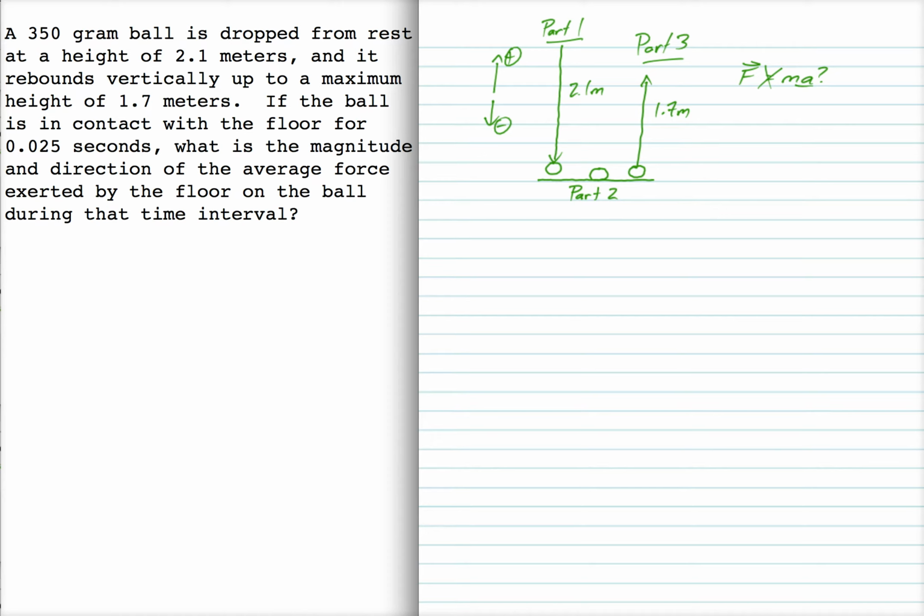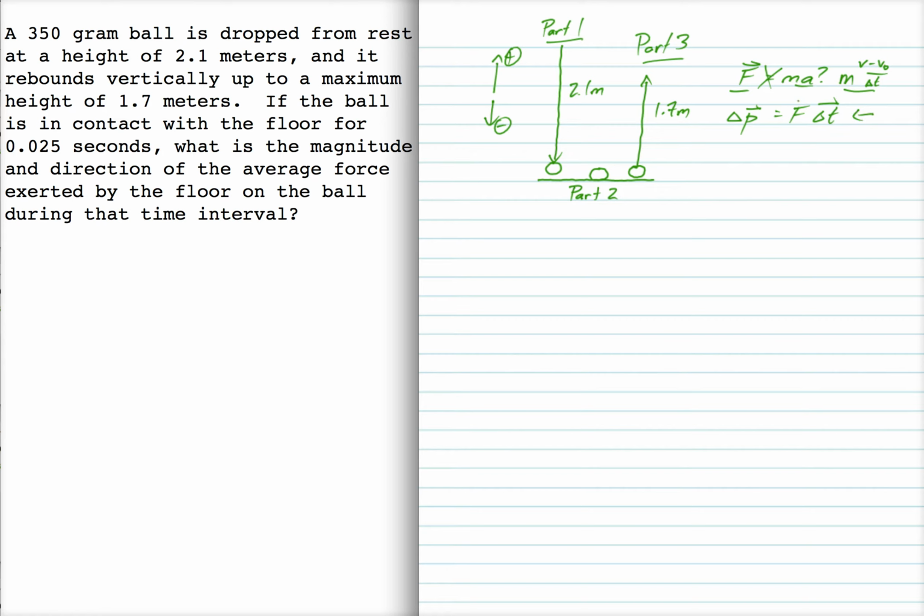An easier way is to use delta p equals F delta t. I suppose I could solve for the acceleration being v minus v naught over delta t, and say F is equal to this. But this equation is the same thing.